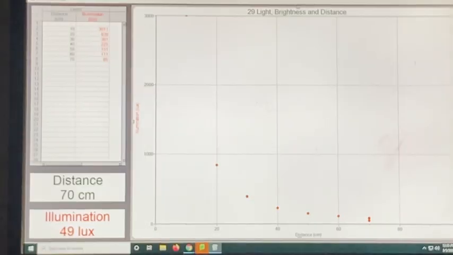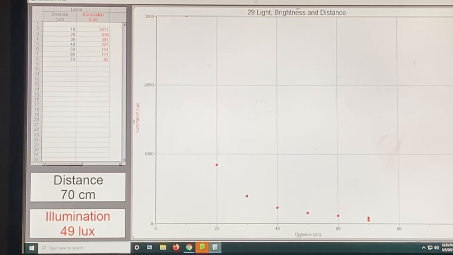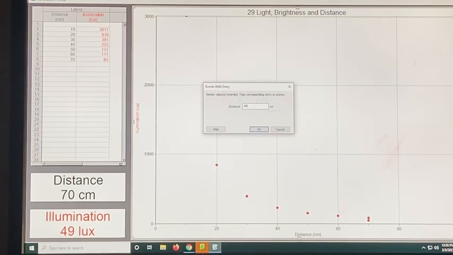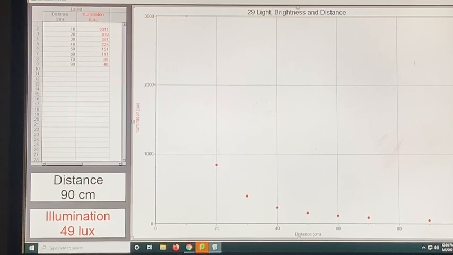Okay, that's the last point we'll do. All right, so there's our data.